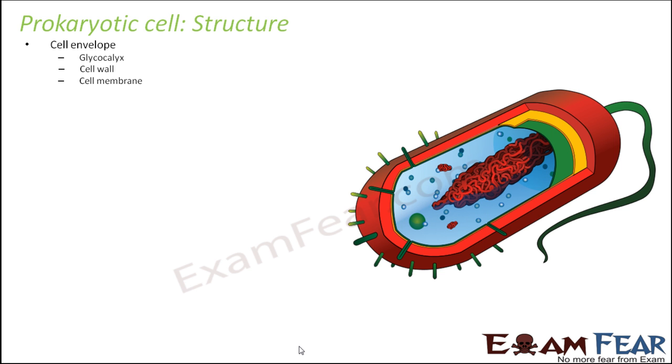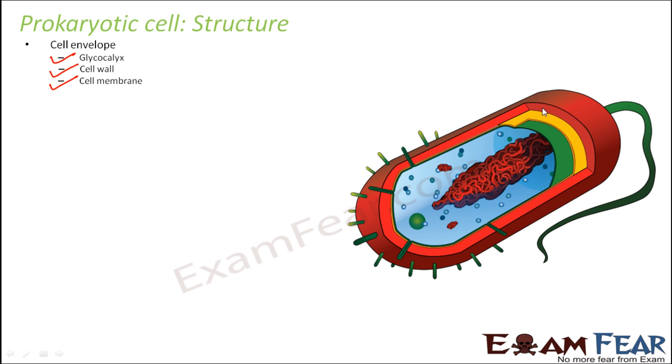In eukaryotes, we had a cell membrane common to both plant and animal cells, and a cell wall present only in plant cells. Here, as part of the cell envelope, we have three layers: glycocalyx, cell wall and cell membrane. We will discuss each of them in detail in the next slide.